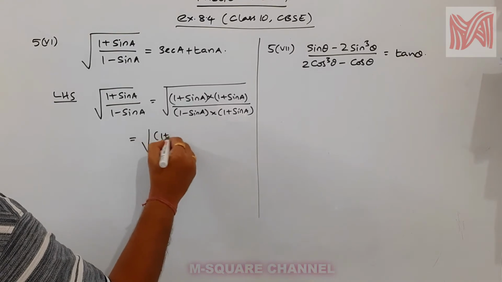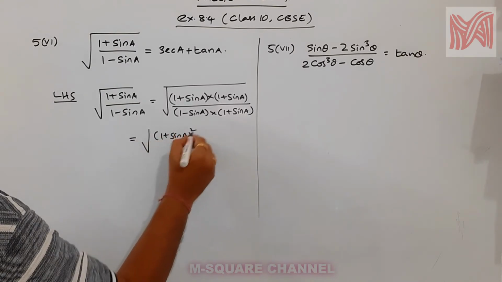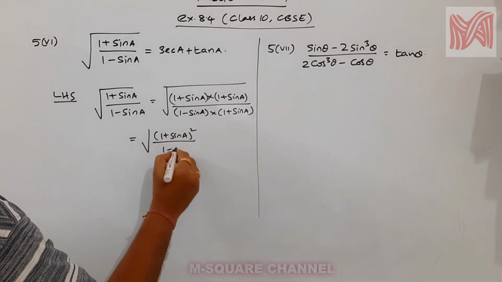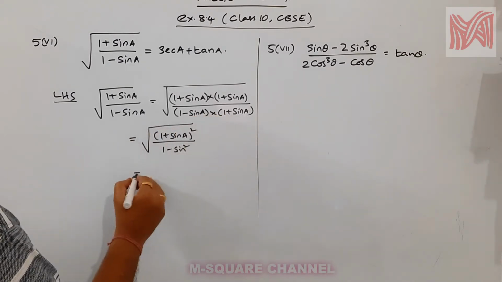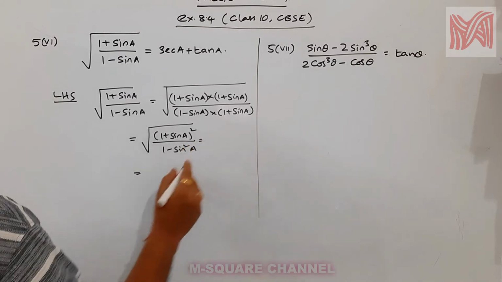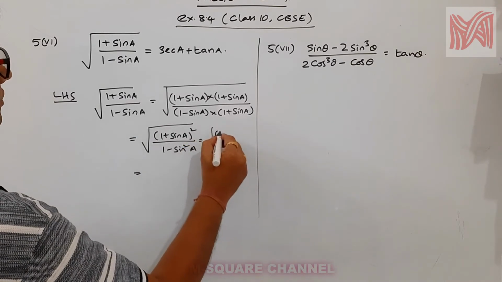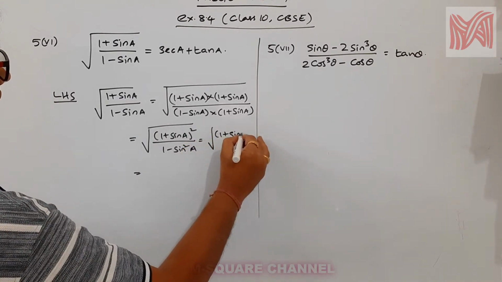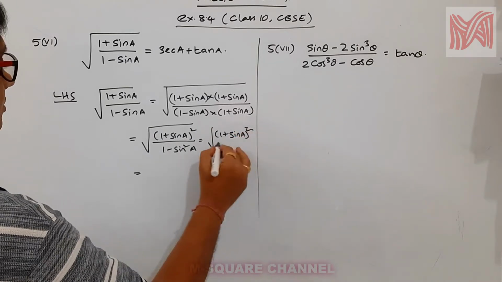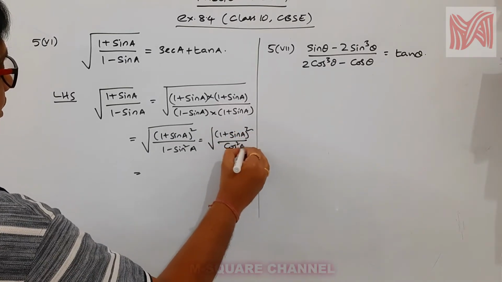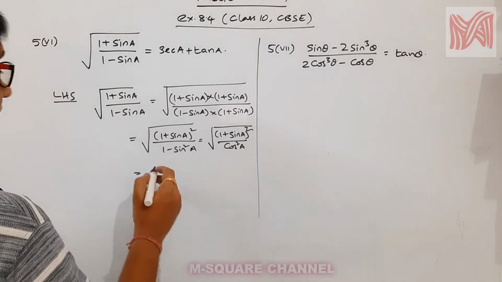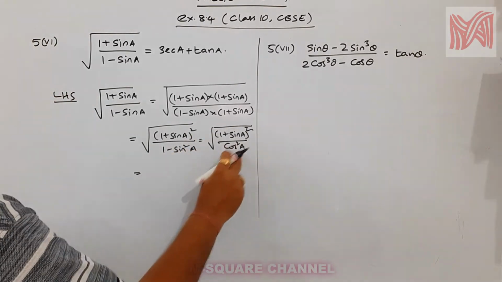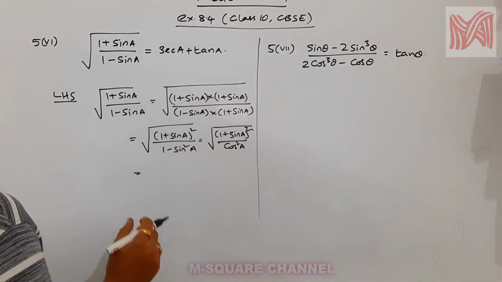So here 1 plus sin A whole square by 1 minus sin square A, because (A minus B) into (A plus B) gives A square minus B square. That means you can write it like this: 1 plus sin A whole square by cos square A, because 1 minus sin square A is cos square A. So here square is there in the numerator and the denominator, and you can remove the square root.